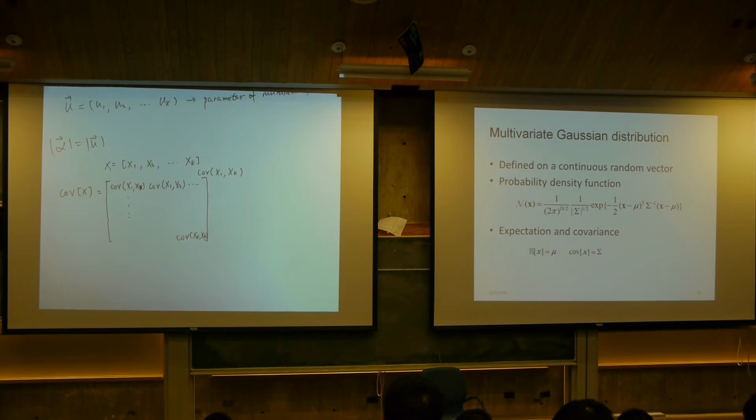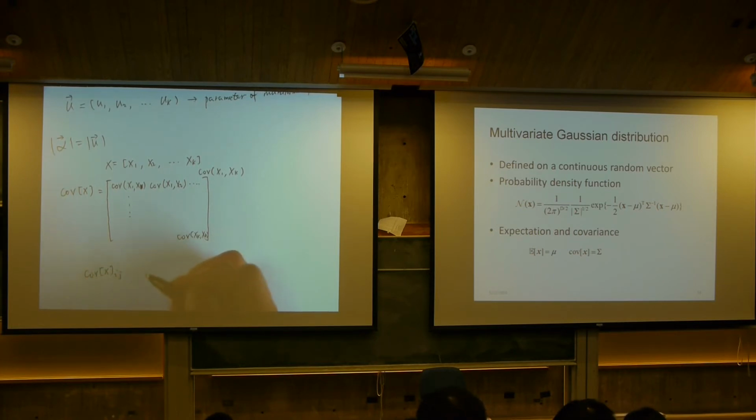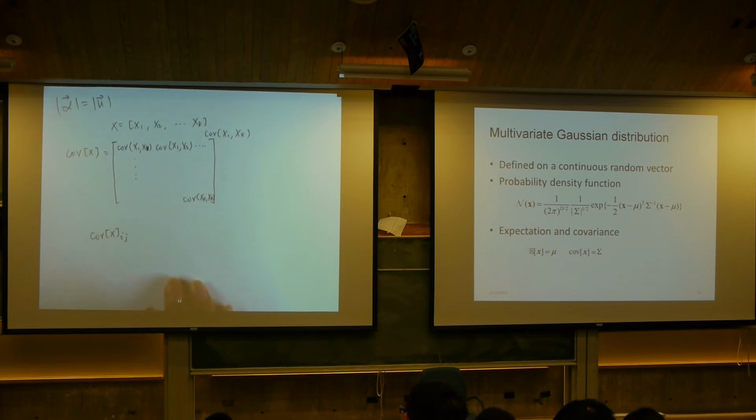Each entry of this matrix is a covariance between components. The ij-th entry of this covariance matrix is the covariance of xi and xj, the covariance between the i-th component and the j-th component of this random vector.